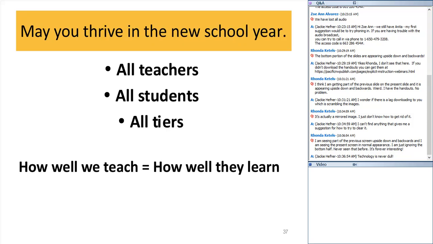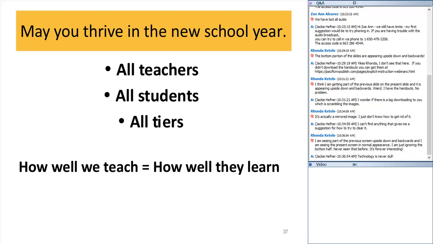Basically, first of all, this is our first webinar of this year, and so I just hope that you have the very, very best New Year's ever, because it is sort of our New Year's as we start in September. But also, I just want to remind you that good instruction is good instruction for all teachers, for all students, for all tiers.